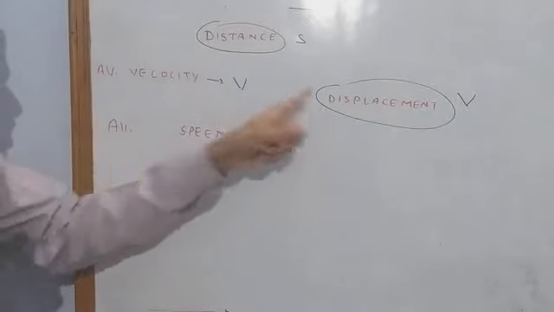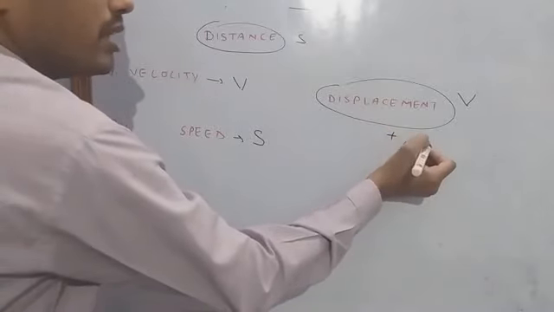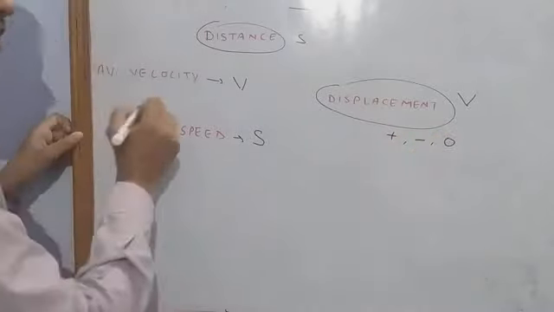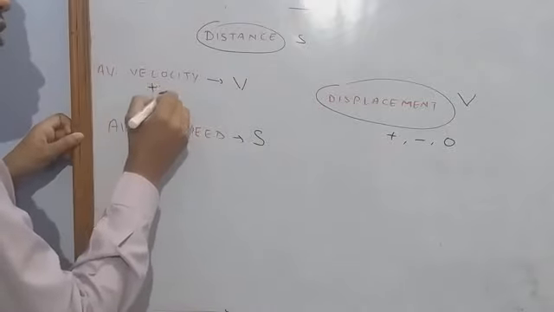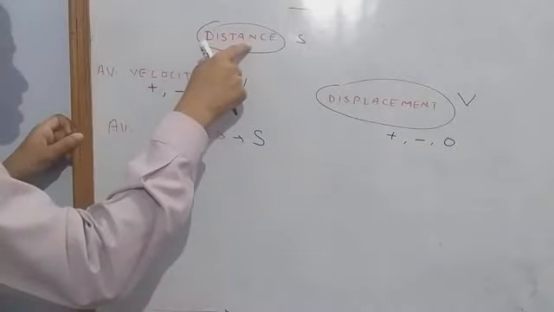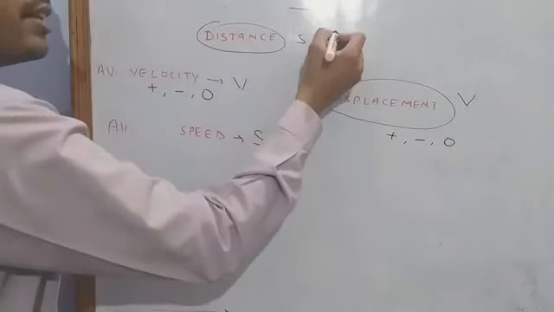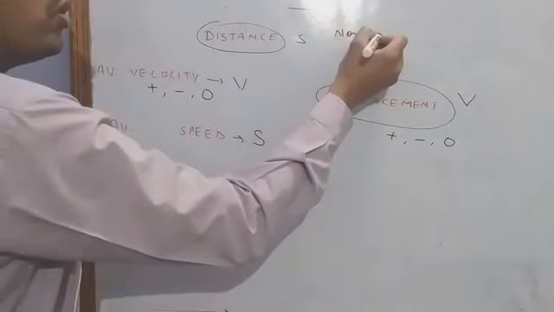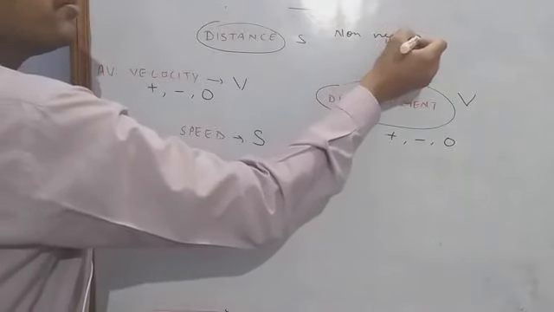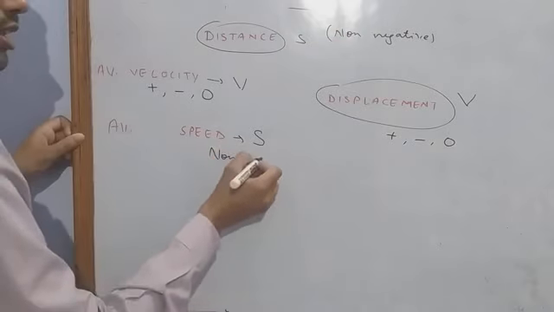Remember these two quantities which are vectors: it can be positive, it can be negative, it can be zero. But distance and average speed cannot be negative. So they are non-negative values. Average speed is also non-negative.